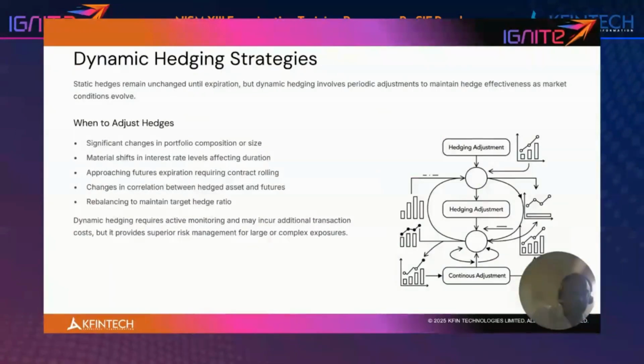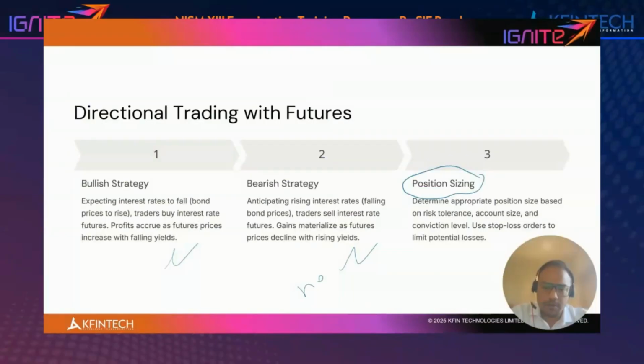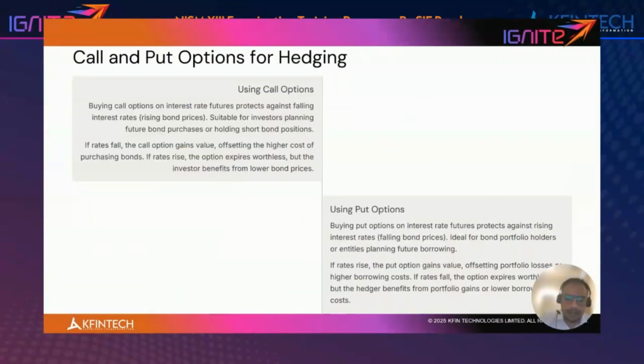So now we move on. It could be neutral, it could be bullish. As I mentioned, you can use options to hedge. Over here it's written using call options. You can buy the call options on interest rate to protect against falling interest rate, rising bond prices. So if your interest rate expectation is to go down, the prices will go up.